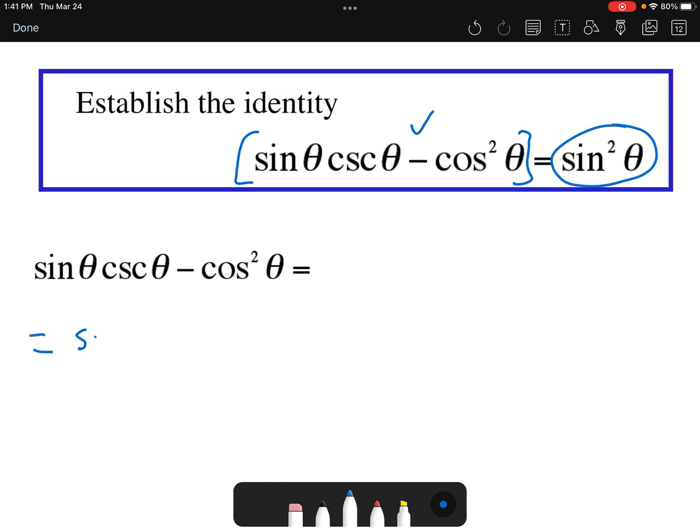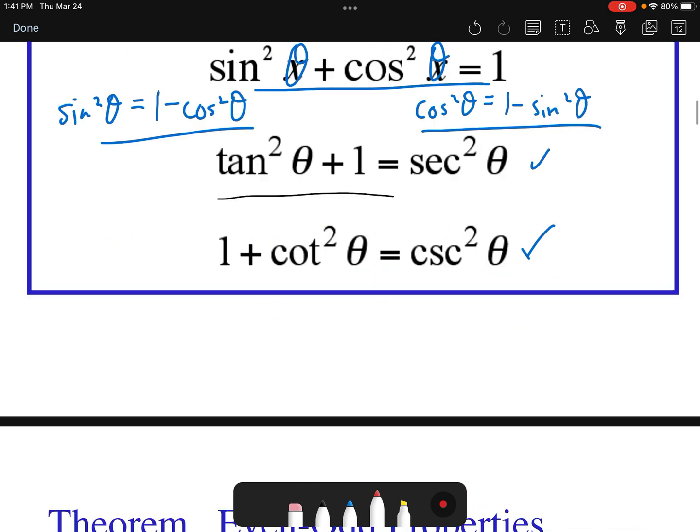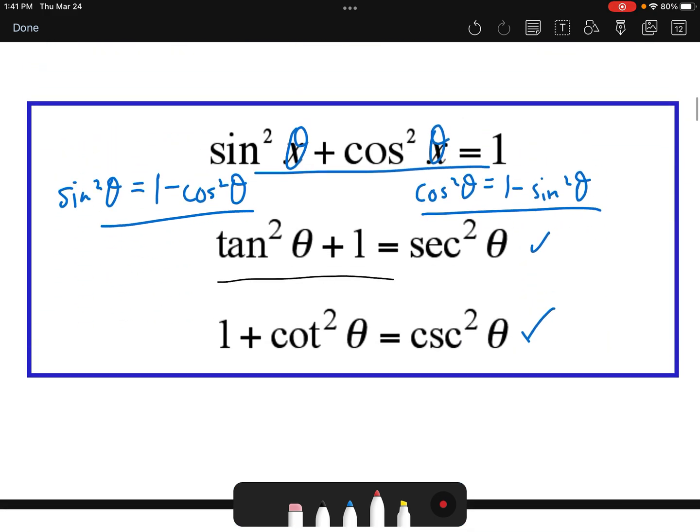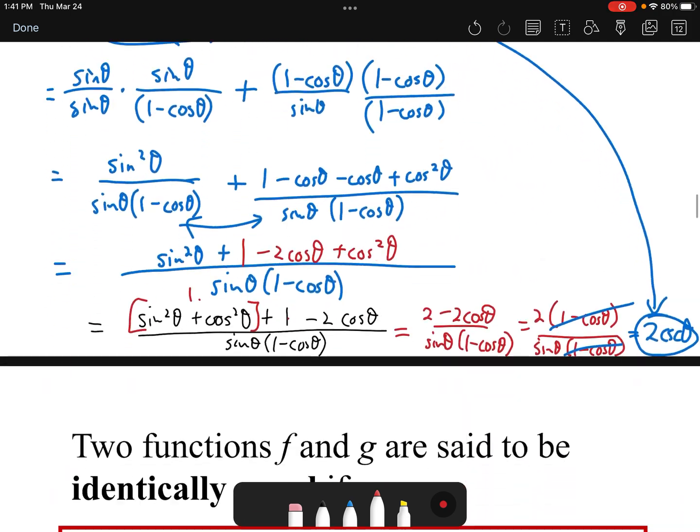So I just wrote the first one down, and we're going to go from here. So I believe cosecant, guys, is 1 over sine. So we rewrite it. But then you would guess correctly, those cancel. So I'm left with 1 minus cosine squared theta. Now, if you go back and look at your notes, we wrote that down in our identities that 1 minus cosine squared theta equaled sine squared theta.